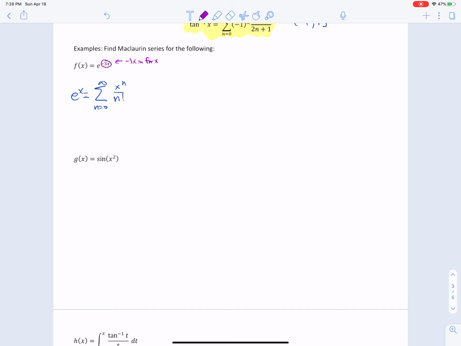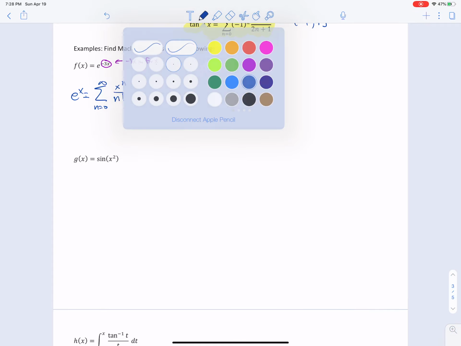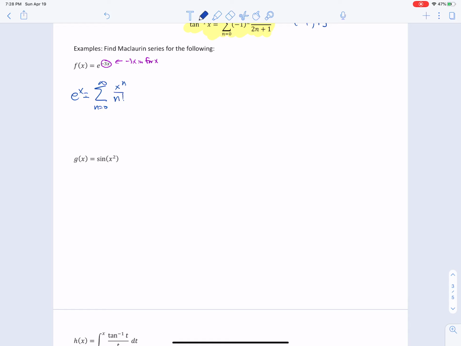And so I'm going to put minus 3x in where x is in this power series expansion. So e to the minus 3x is going to be summation n equals 0 to infinity, minus 3x to the n over n factorial.